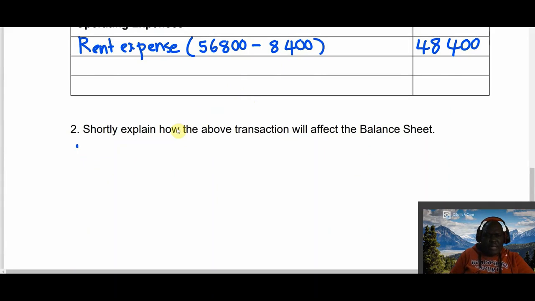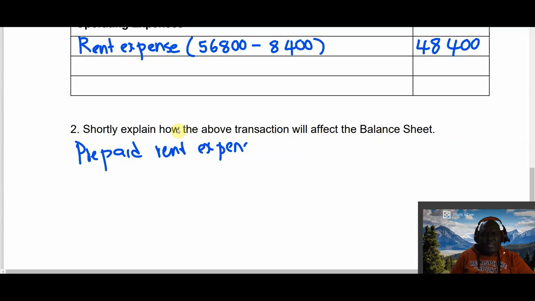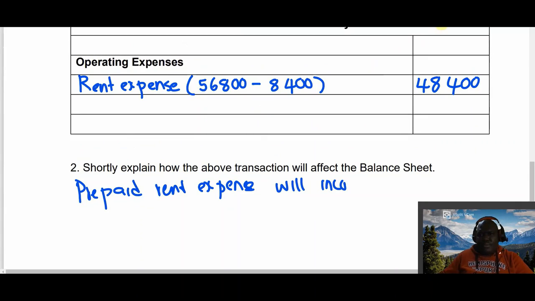So the prepaid rent expense will increase. Now you must remember the notes to the balance sheet.